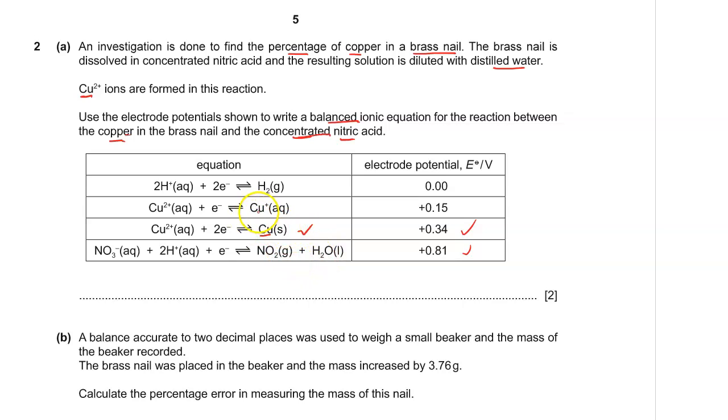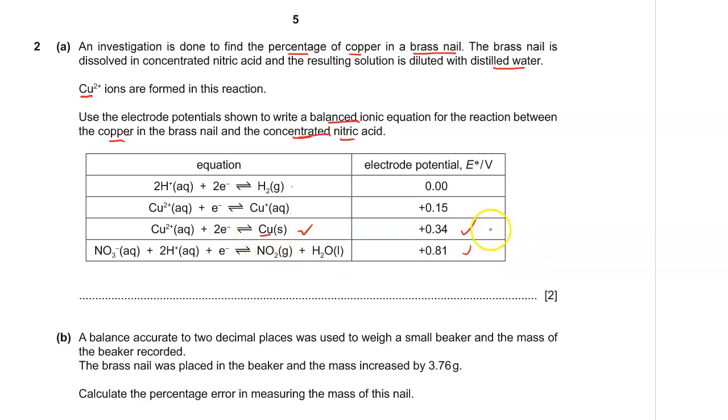We will not use this because here we have copper 2 ions and copper 1 ions. That is not what is in the brass. What we have in brass is copper atoms, and here we have the acid hydrogen. We don't need this, so we only need these two equations.